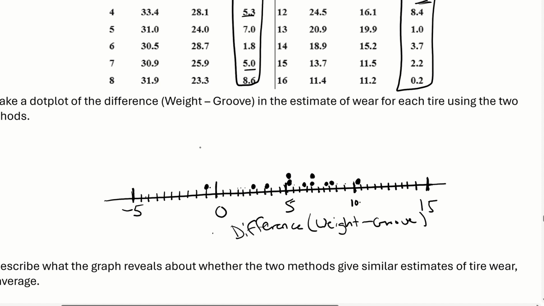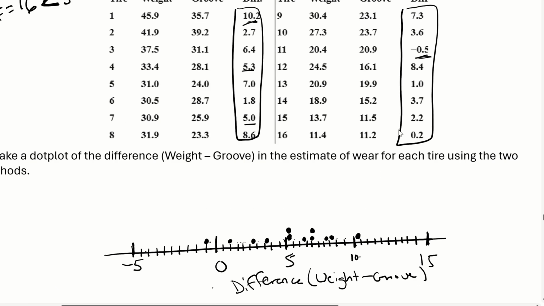So I just did 8.4, I believe. So let's do 1.0. We got 3.7, 2, this is 2, and then this is 3, 3.5.